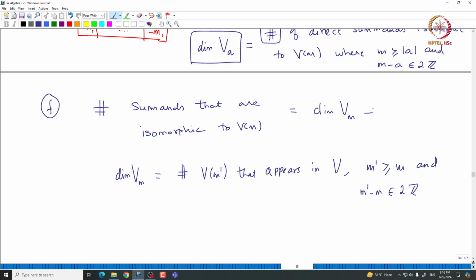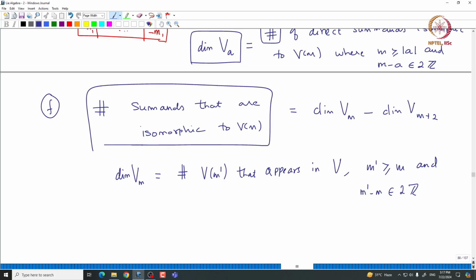Okay. From that, you delete the part of the weight space which cannot be obtained from the lower irreducible modules, and then you get exactly the number of summands that are isomorphic to Vm.